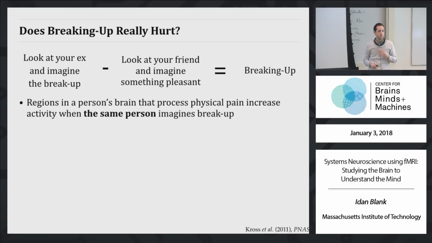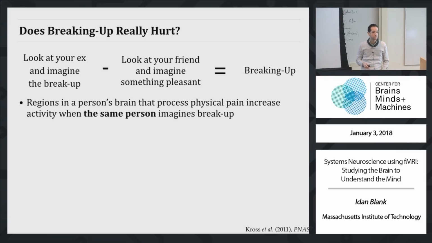Yes? If you just show that basically every person's brain is unique and they experience every emotion differently, doesn't that just make it impossible to make broad conclusions of what regions of the brain are activated in response to certain stimuli? So there is some consistency across people. It's not that a region that in my brain is here, in your brain would be here. But there could be differences of a few millimeters between where they fall.